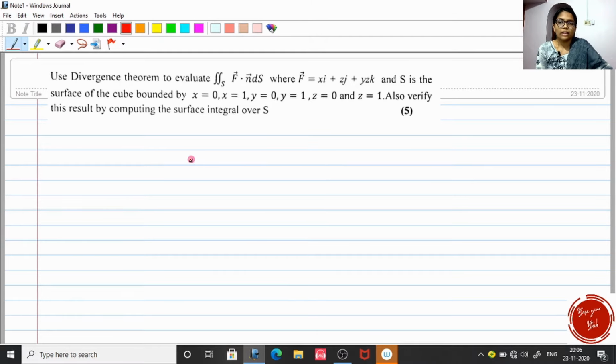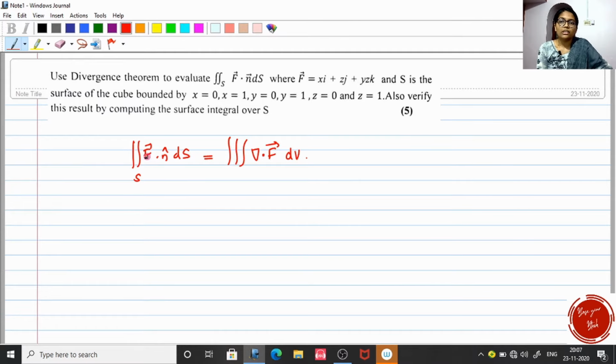So as per Gauss divergence theorem, the equation is the double integral of F dot n cap dS is equal to the triple integral of del dot F dV. So we have to find this double integral, which is taken for the surface S, and S is our cube.